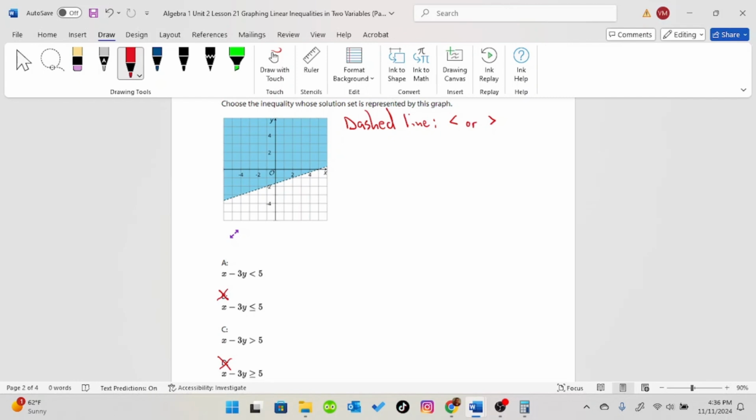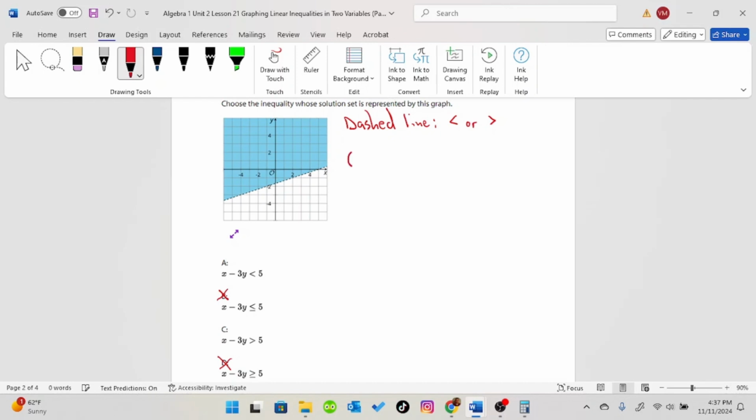Now, in order to figure out whether the answer is A or C, we can pick any point in the blue shaded region. Again, the easiest one to use is the origin, (0, 0). What you do is you plug 0, 0 in for x and y, and you see what inequality is true.